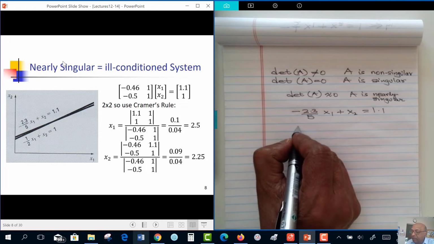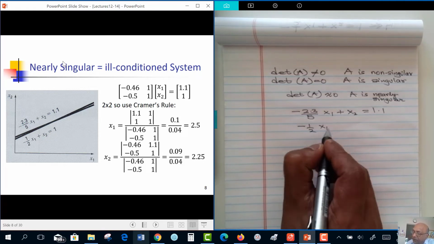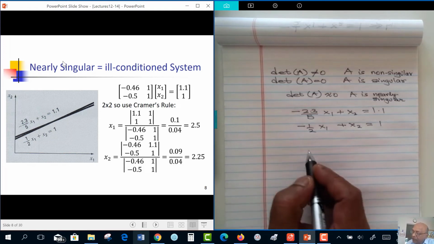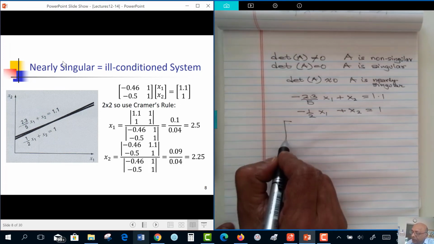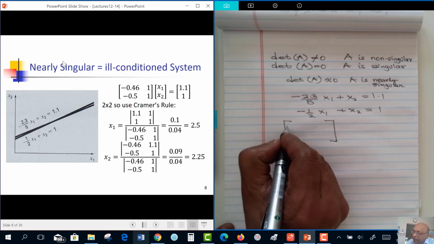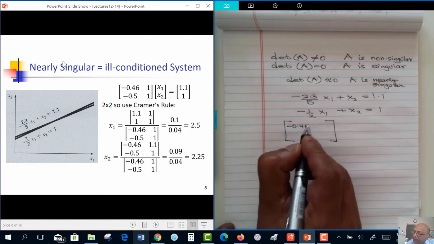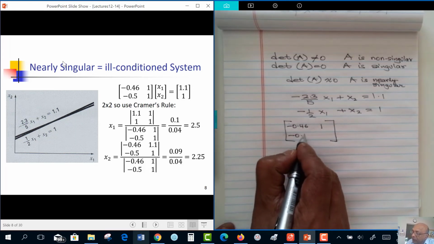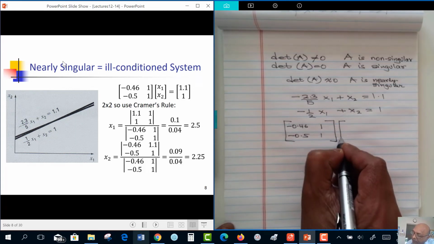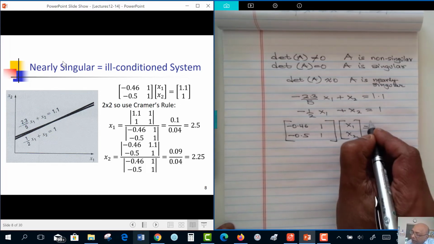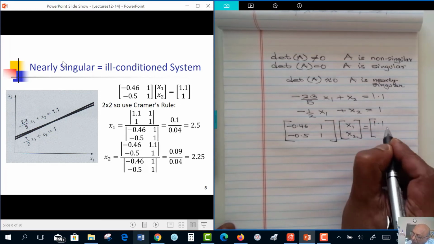Then we have minus half x1 plus x2 is 1. So we write it in our matrix form, minus 0.46, 1, minus 0.5, 1, x1, x2 is 1.1 and 1.